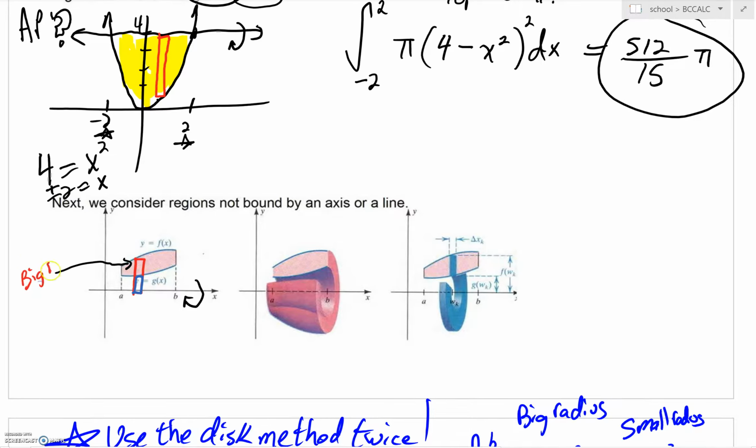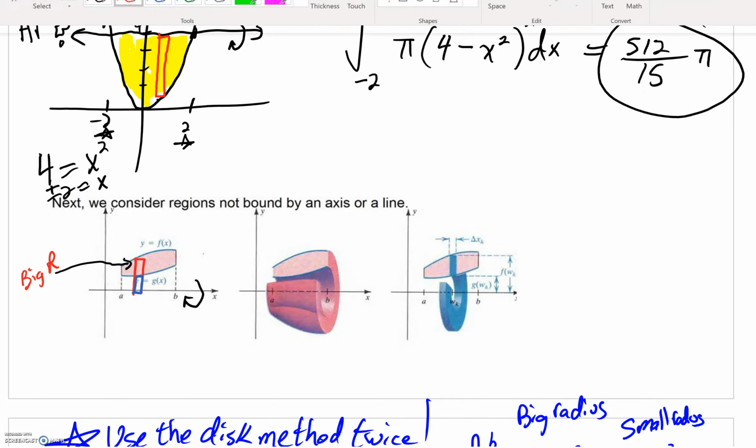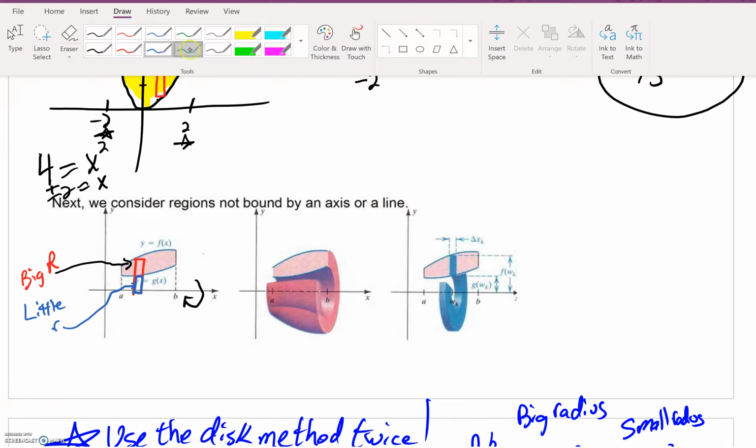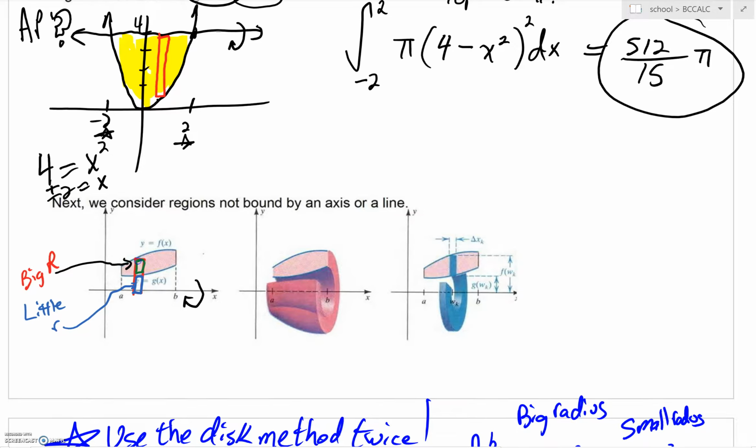Right, that is a big capital R. Then in blue right here, we'll have our little radius. That's right over here. If you were to subtract, you could see that you'd actually wind up with this little portion inside in green. And that's what they're dealing with right here. So that's honestly what we are headed towards.